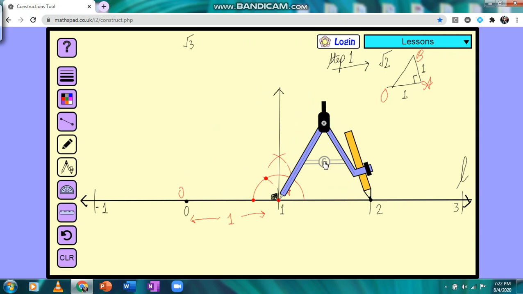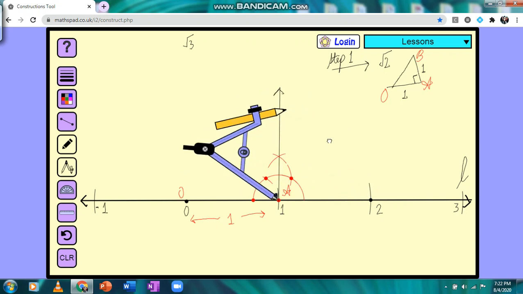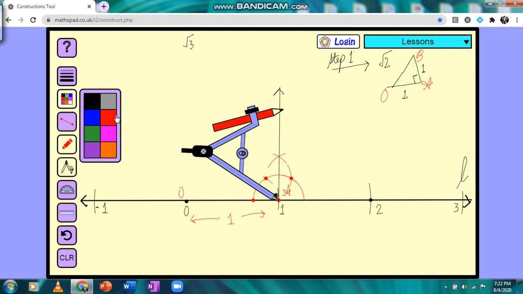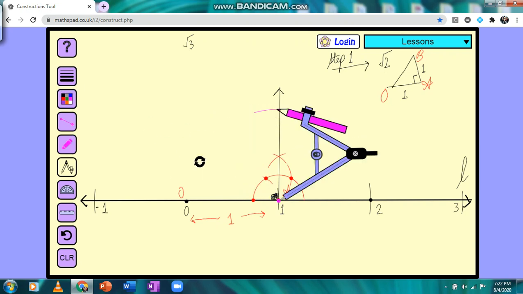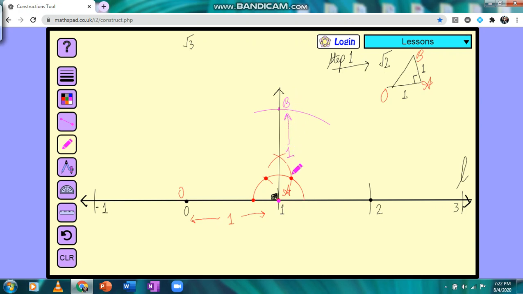This is 1 unit for me right now. So let's take it up here and draw an arc. So this here represents point B, and the distance of this point is 1 unit from point A.